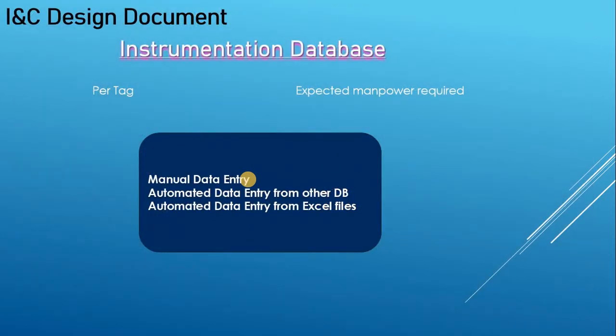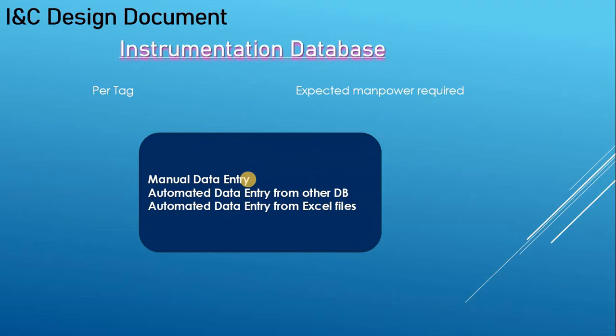Let's start with the database. The database is where you get all the instrumentation and your control bits and pieces together. And this database can be made by many companies. Some of them are very famous, like Intools or SPI and Bentley and all those guys. They have a very good database which can be linked to another database from other disciplines, like electrical, like process.